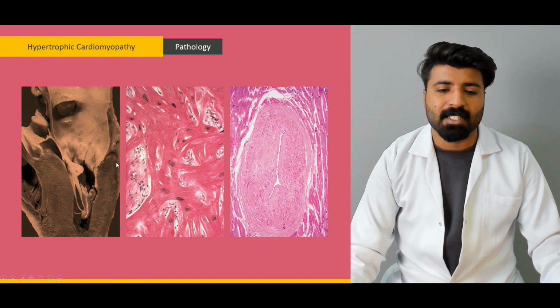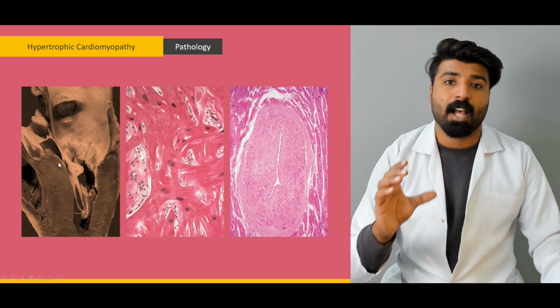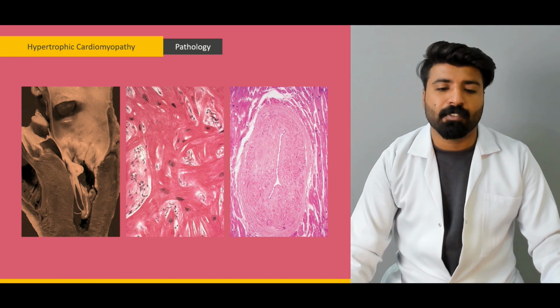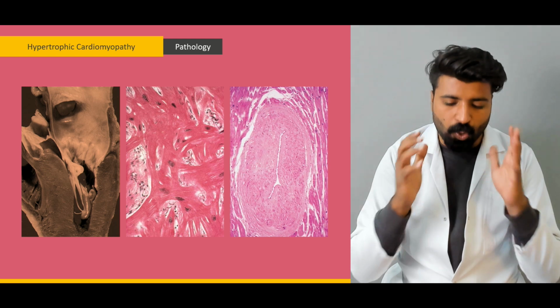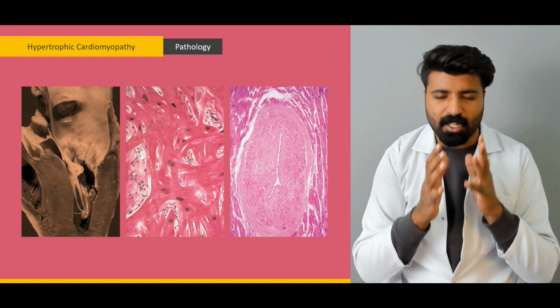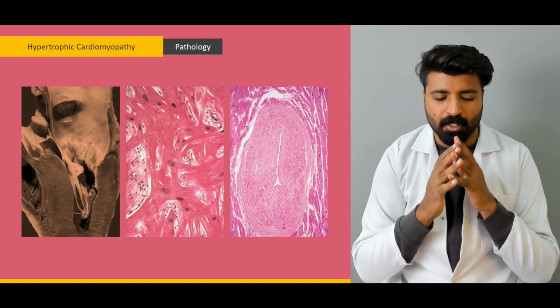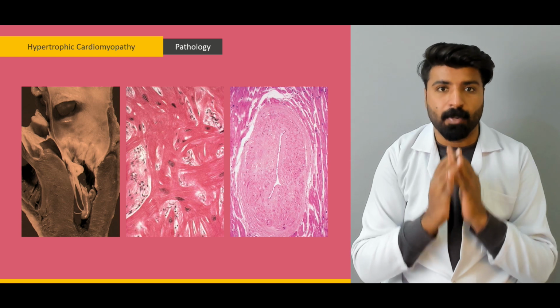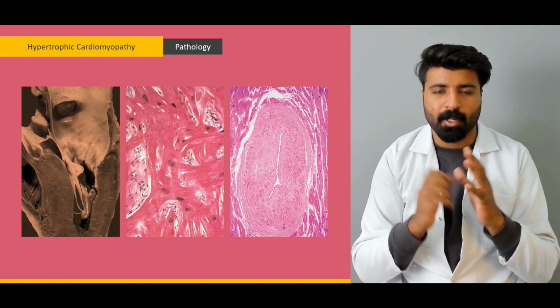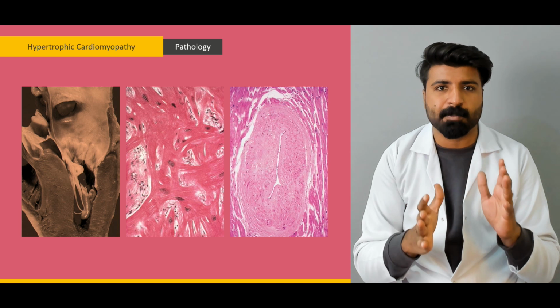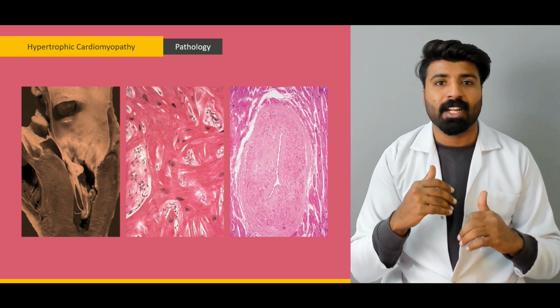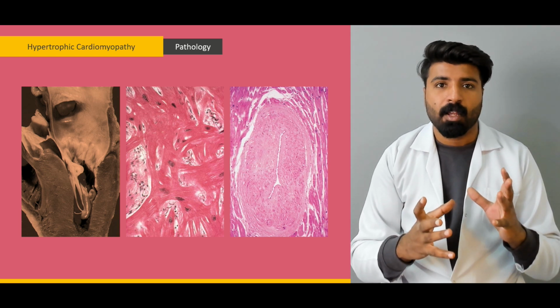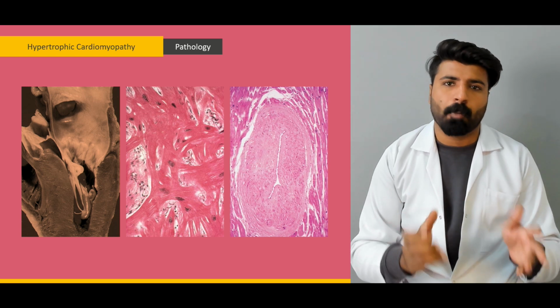What you can see is this free wall is hypertrophied, this interventricular wall is hypertrophied, and the chamber of the left ventricle has reduced in size. It has very low capability of holding more and more blood inside of it. So the capacity for blood in the left ventricle has decreased because of this hypertrophy. Now it cannot have more blood, and when it cannot have more blood, it cannot pump more blood.